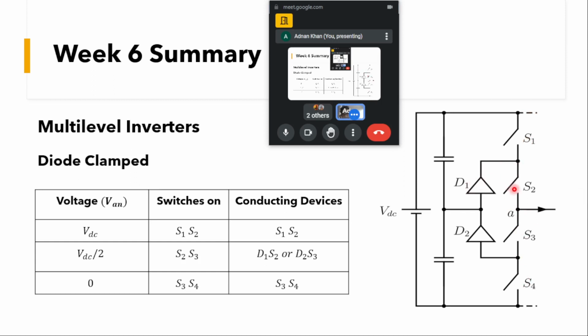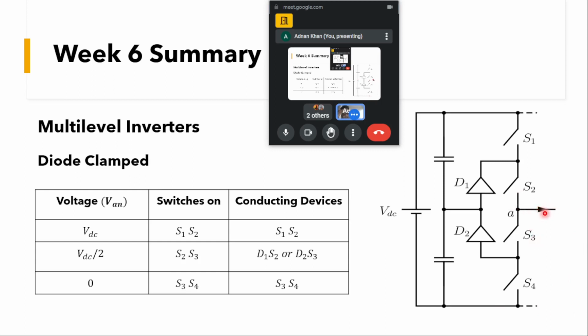Now you can see that if S2 and S3 are switched on, then the A point is connected to the midpoint. How?